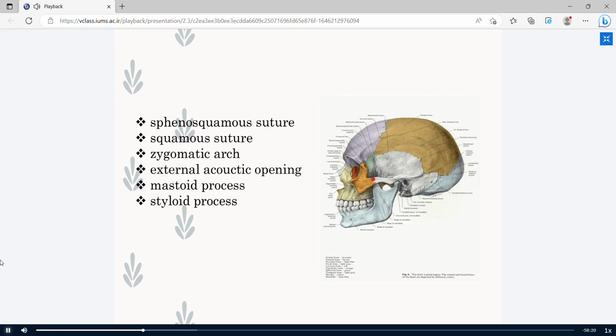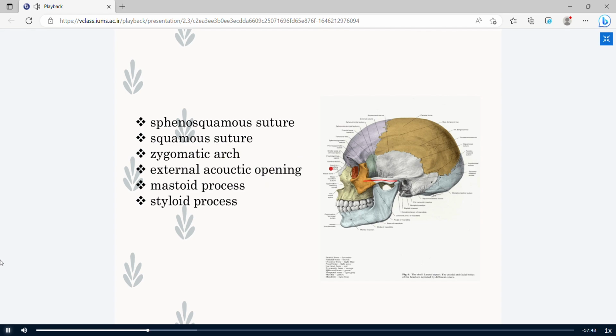This is the zygomatic process. The zygomatic process is the inferior projection of the squamous part of the temporal bone, and leads anteriorly, forward, and finally inserts into the temporal process of the zygomatic bone and produces the zygomatic arch.